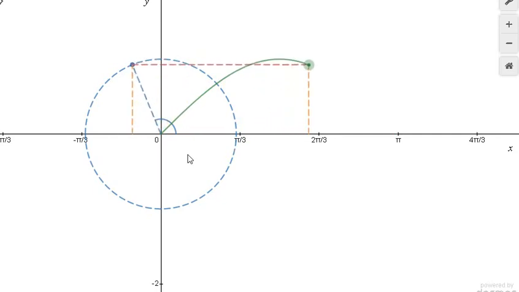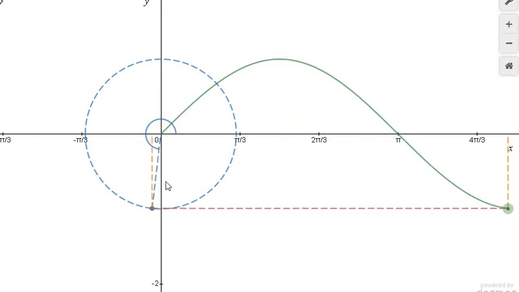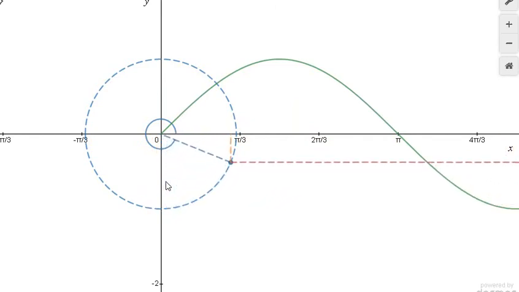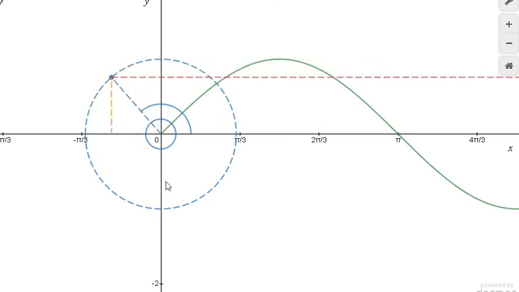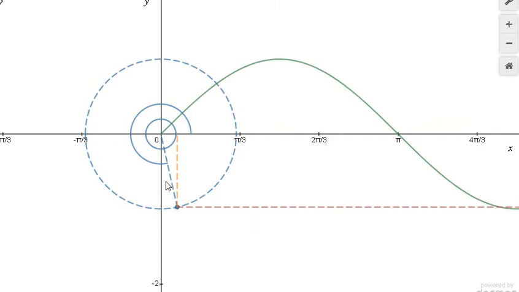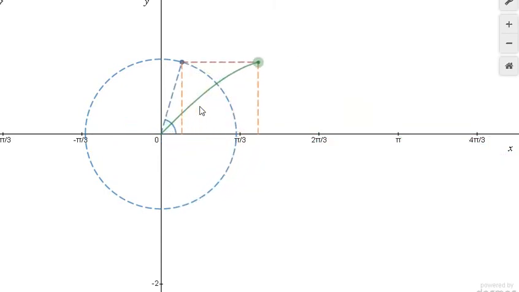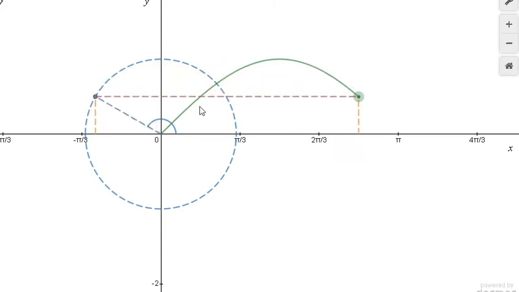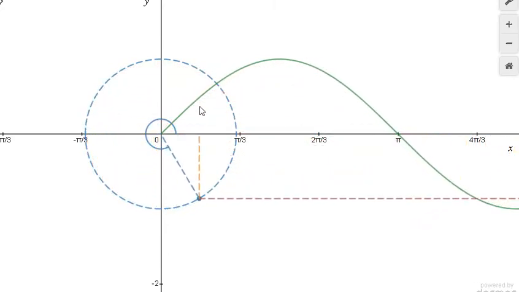So if it takes, say, 6 seconds to go all the way around here, then your value for omega would be 2 pi, which is all the way around once, in 6 seconds. So 2 pi divided by 6. That would be the angle measurement for omega.